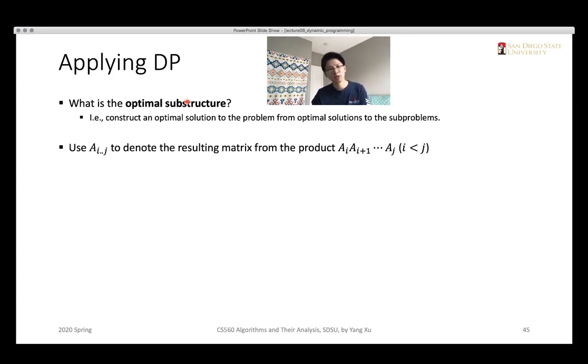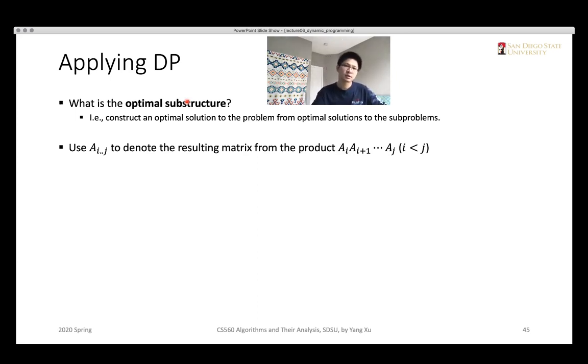Now we need to use some notation to help us with the optimal substructure analysis.